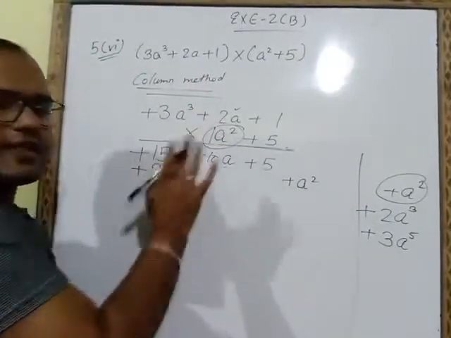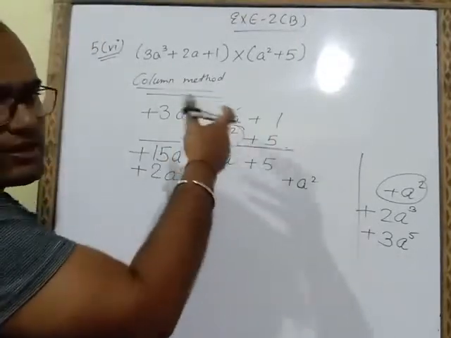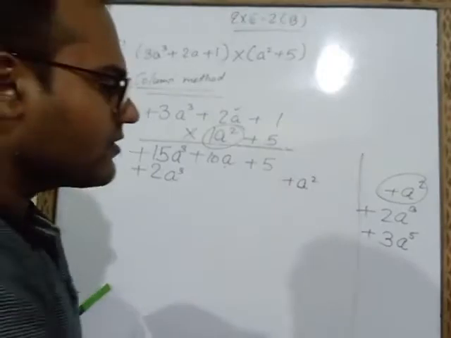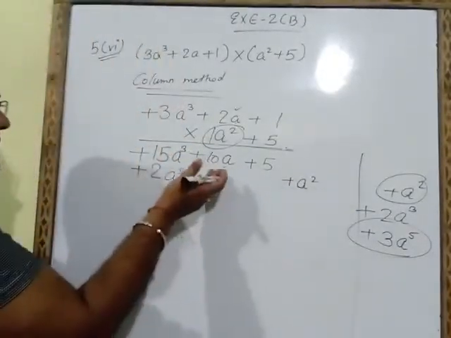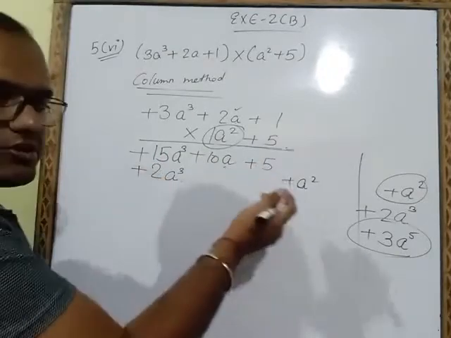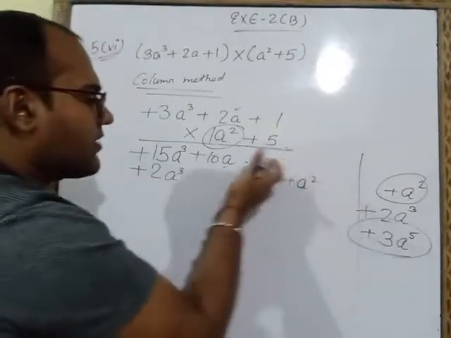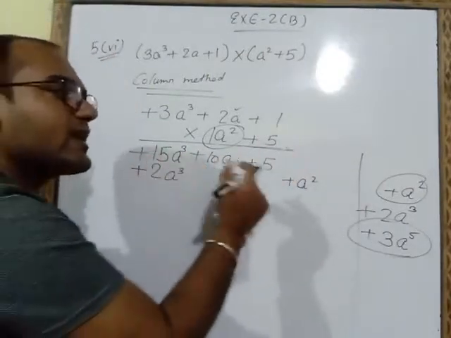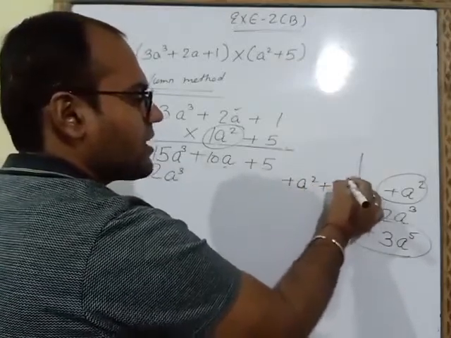When we multiply these two, then the power will get added. So a power 2 plus 3, the answer will be a power 5. So this plus 3a power 5, where will we write? Under this a cube term is written, under this constant term. So here you will observe a power 5 term is not there. So where will we write? We will write it separately in the end. Plus 3a power 5.